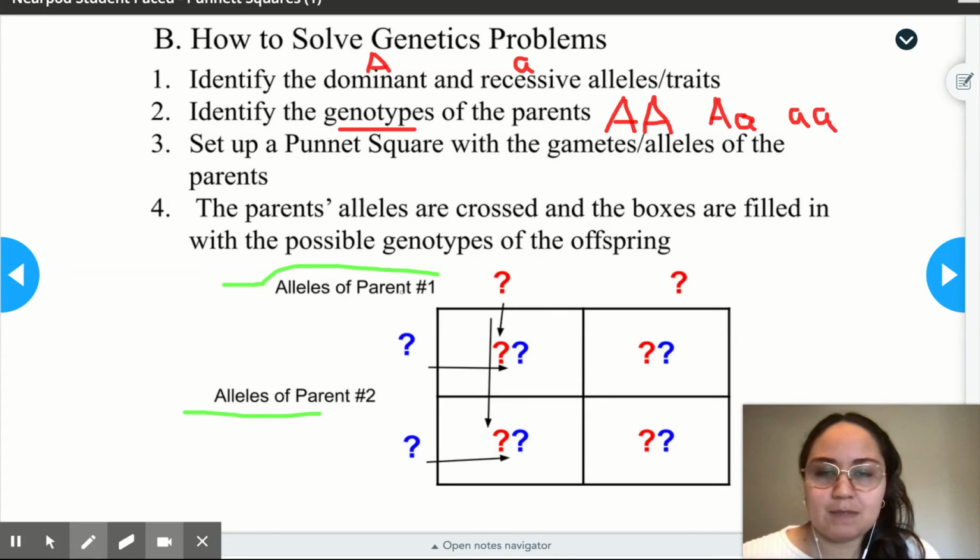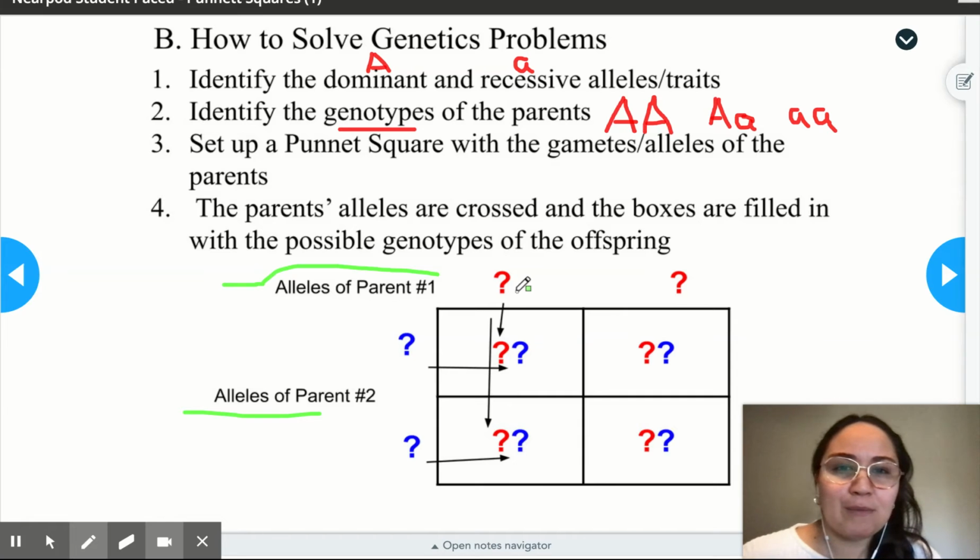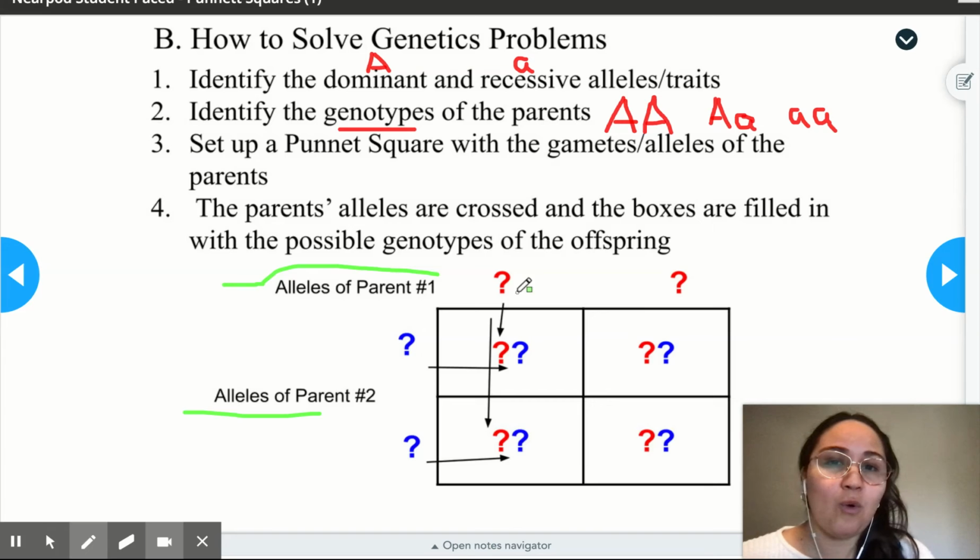And depending on the type of organism, for example, if it's an animal, the male organism will produce sperm cells and the female organism will produce egg cells. And so these just represent the possible alleles that the sperm or egg cells are carrying. And they only carry one allele for each trait rather than two.